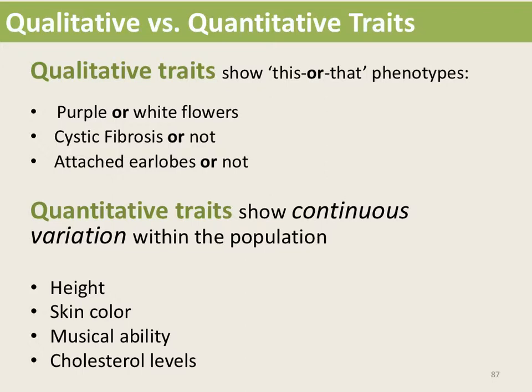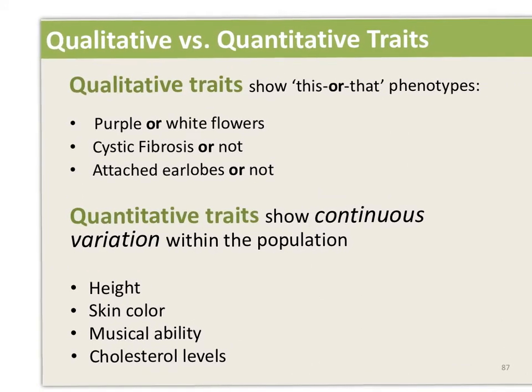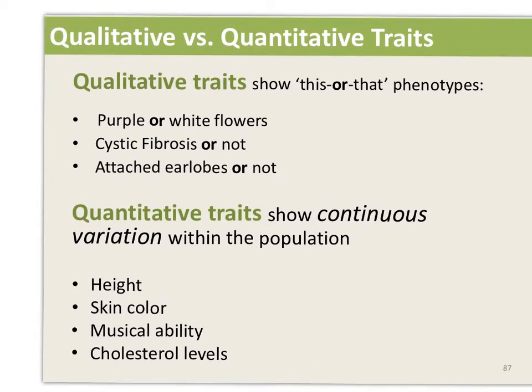Now, then there are also what are called quantitative traits. Quantitative traits show continuous variation within the population. In other words, height. So if height was just qualitative, and we had two alleles, we'd say short or tall, right? But it's not that. There are quantitative traits, actually, for height.